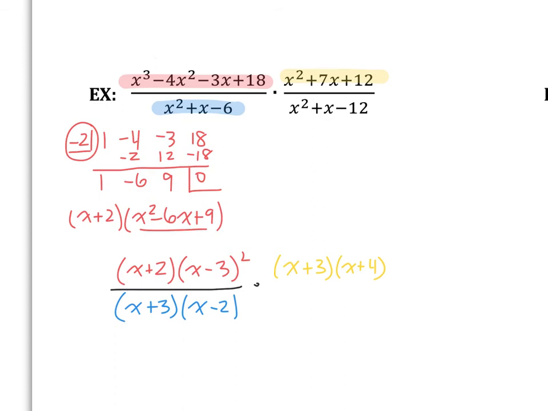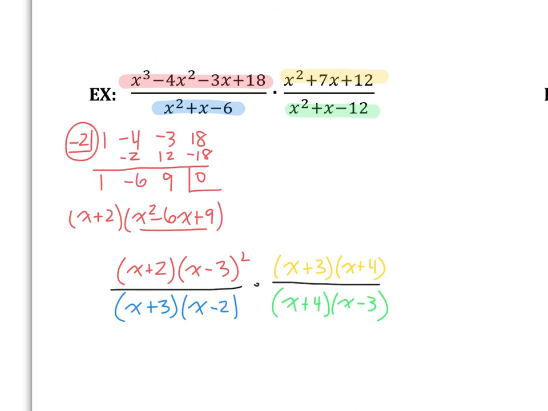And then finally the last one there, factoring x squared plus x minus 12, we will get x plus 4, x minus 3. Okay, so now we can go ahead and cancel everything that is able to be canceled.